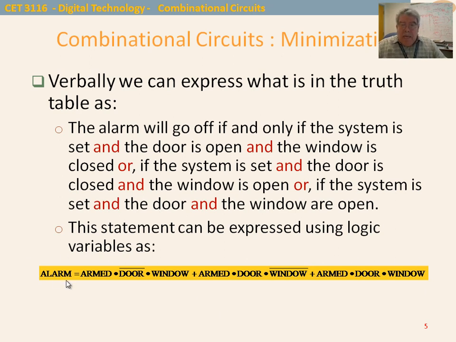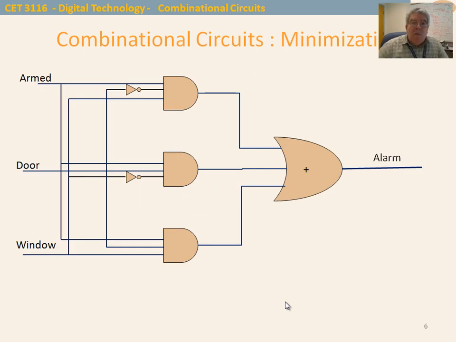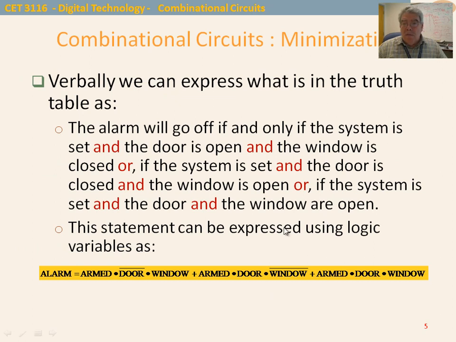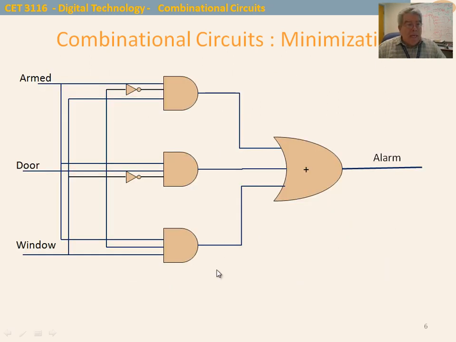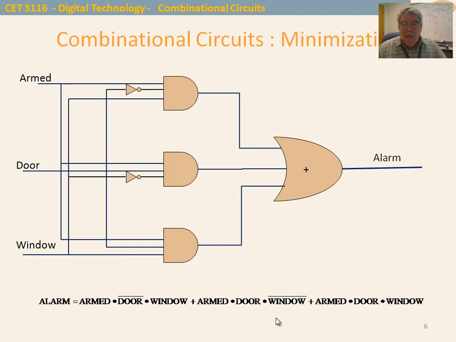Now, this is a description that is very close to the description of a circuit, right? You can say this is exactly using ANDs and ORs, and of course the inversions in the case of the complementing. This is the circuit. This is exactly the description that we have here.